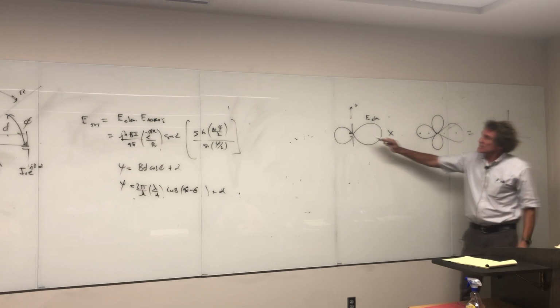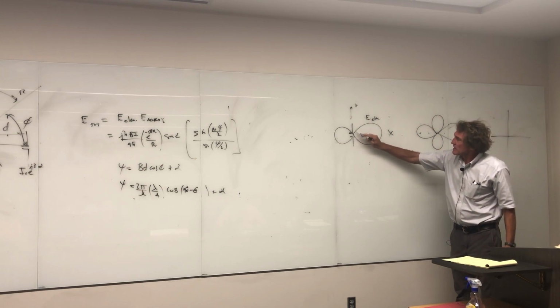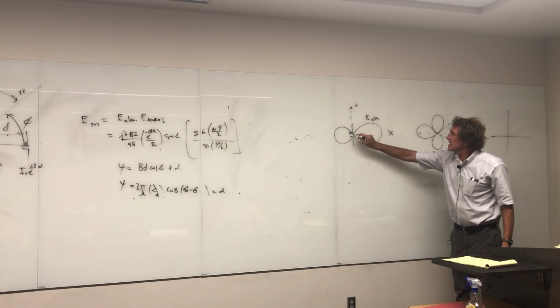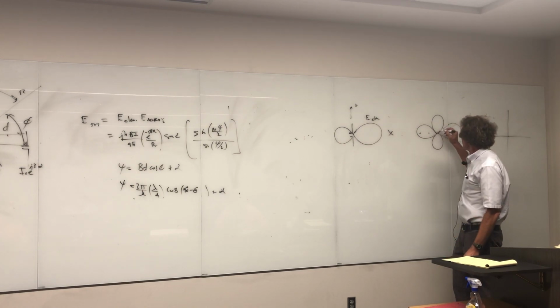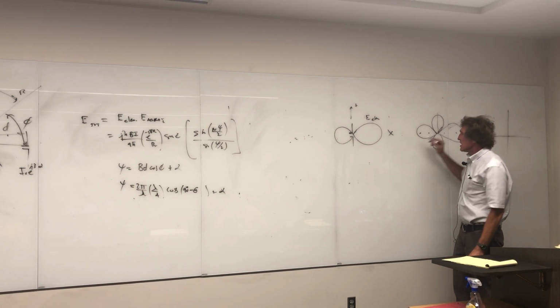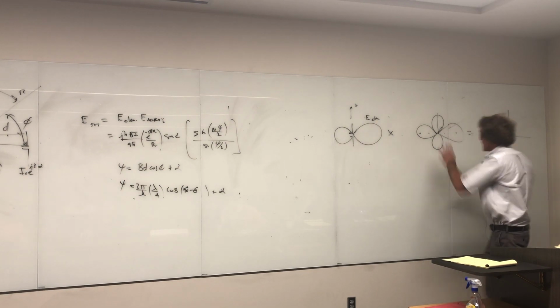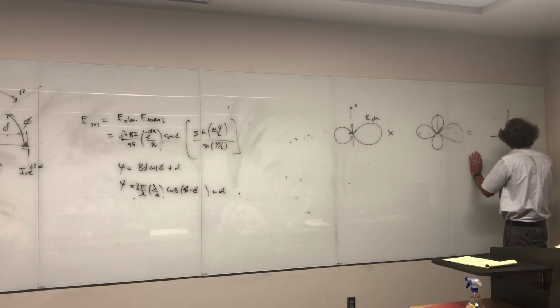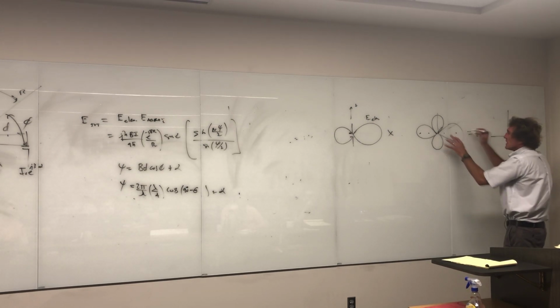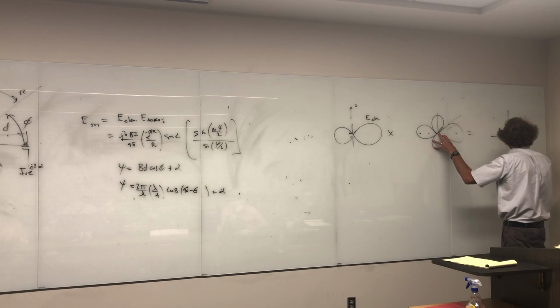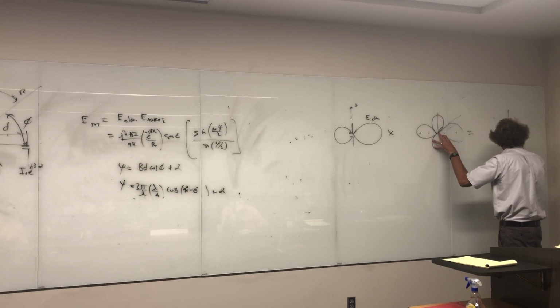Now, if I'm going up, I would take literally the length of this vector at any given angle times whatever it is here, the length of it here. But I can see that really I have very little, if anything, there, times something big there. So really I get sort of a thing like this. And then I've got a 0 there. So it's going to come back like this.